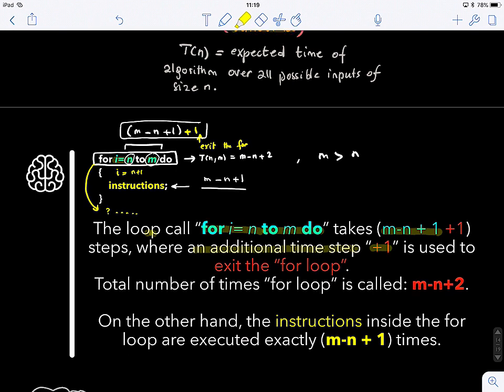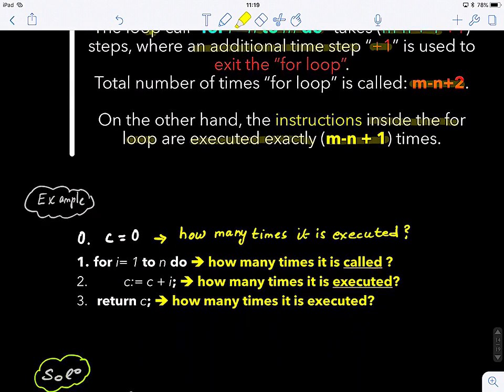The total number of times the for loop is called is m minus n plus 2, which is what we have just computed. The instructions inside the for loop, on the other hand, are executed exactly m minus n plus 1 times. Great, now let's apply this to this algorithm.